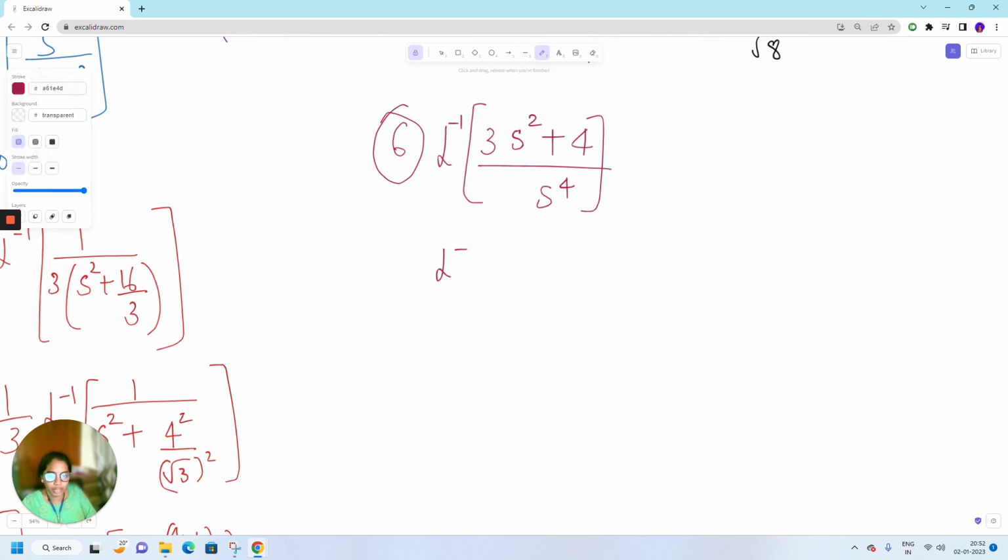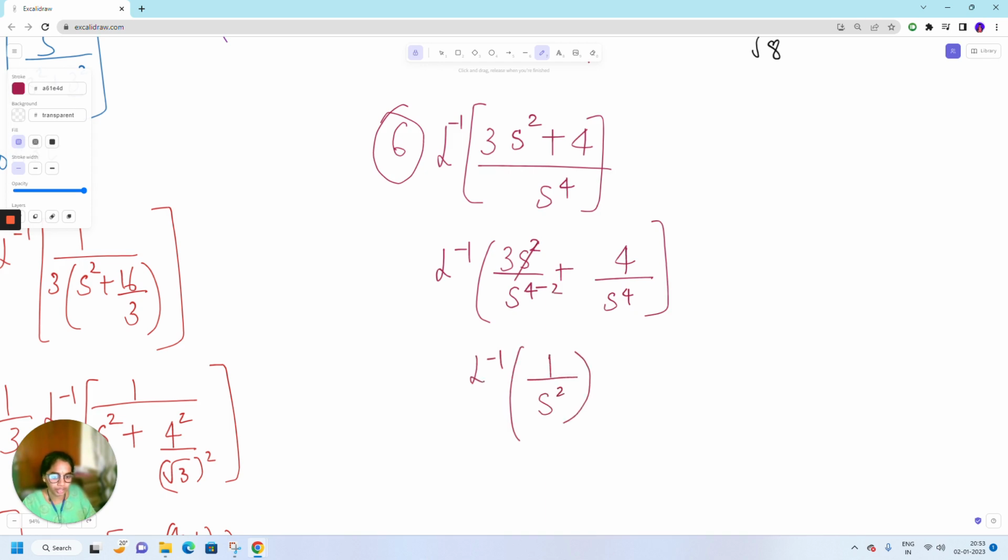So Laplace inverse of 3s square divided by s to the power 4 plus 4 divided by s to the power 4. So this becomes s to the power minus 2. I'll get 3 Laplace inverse of 1 divided by s square plus Laplace inverse of, I'll take out 4 because it is a constant, 1 divided by s to the power 4.